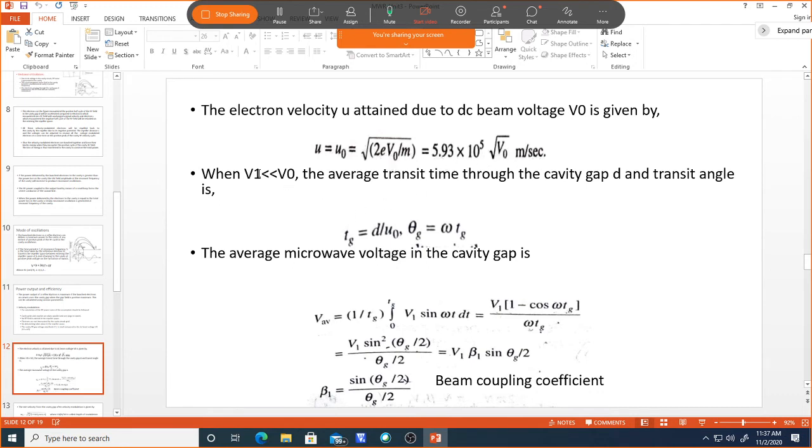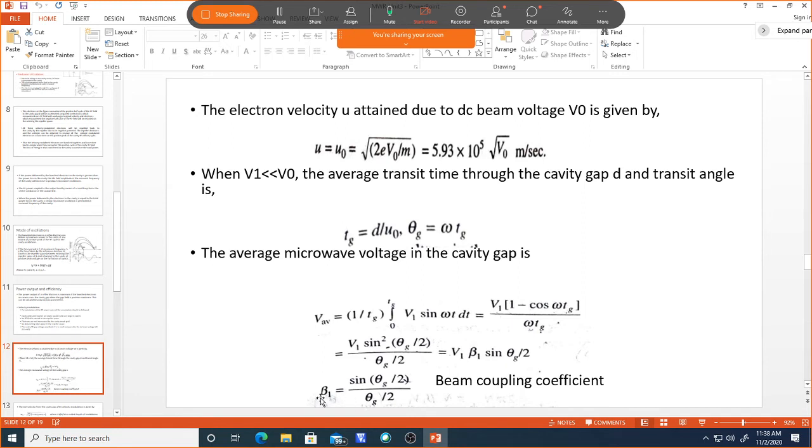Now, when we assume that V1 is far less than V naught, the average transit time through the cavity gap d and the transit angle give the transit time in the cavity gap, and the average microwave voltage in the cavity gap can be calculated using this equation.